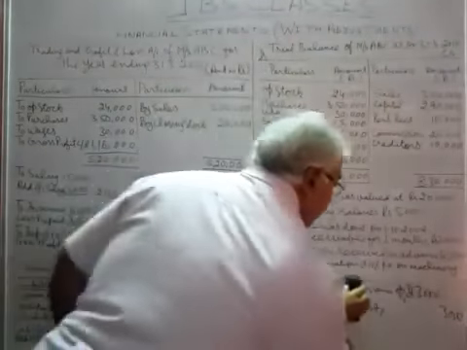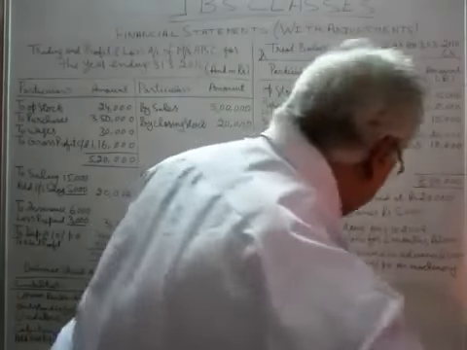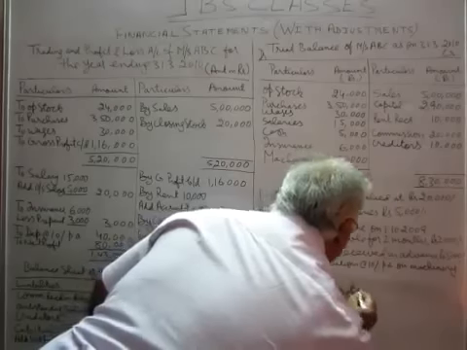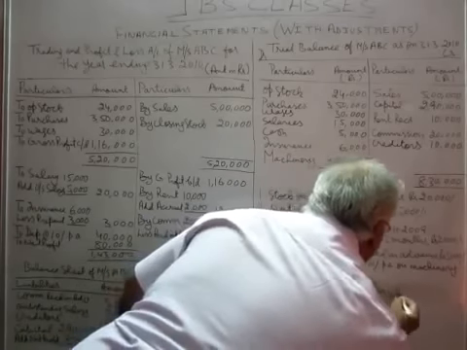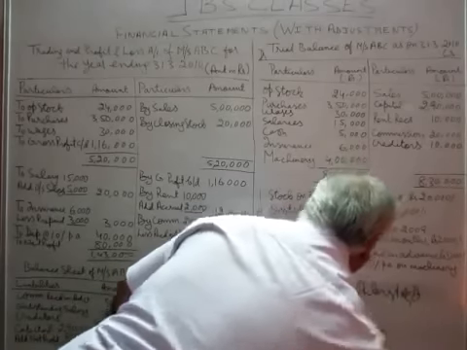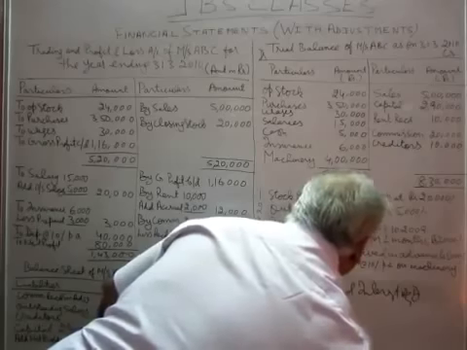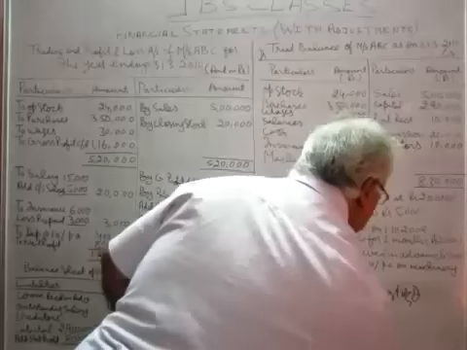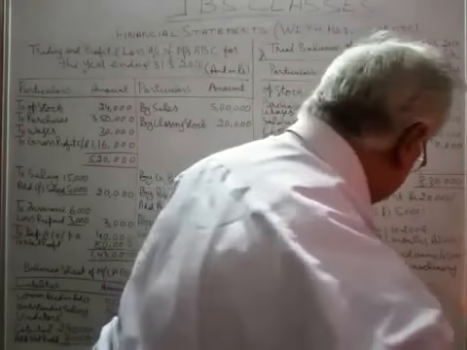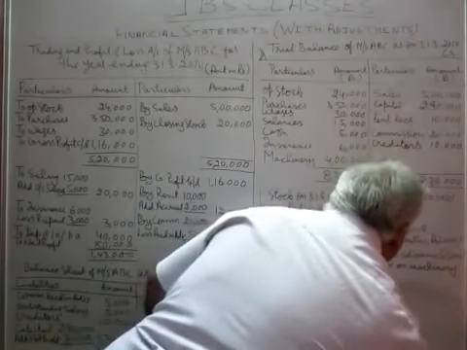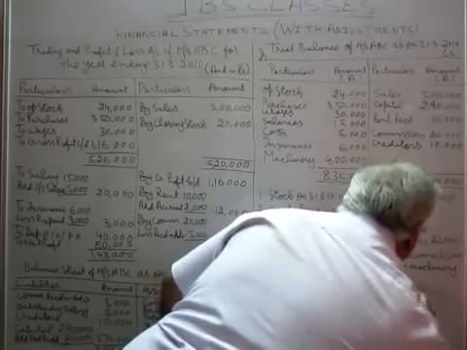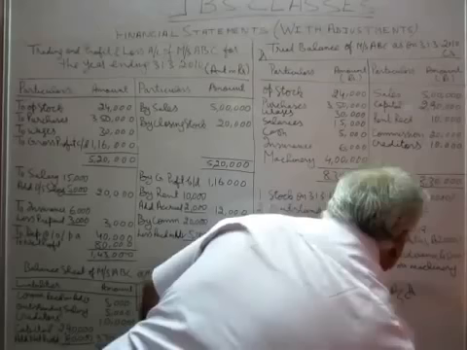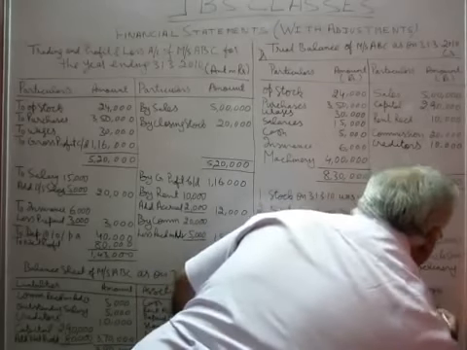So the entry for this will be accrued rent account debited to rent account, 2,000 rupees.